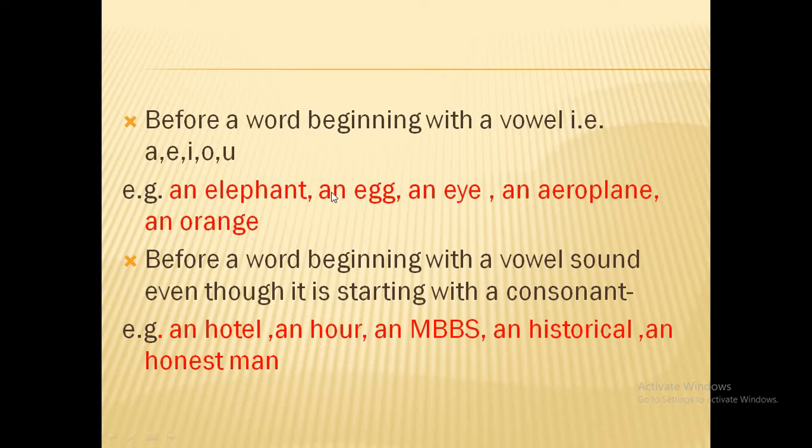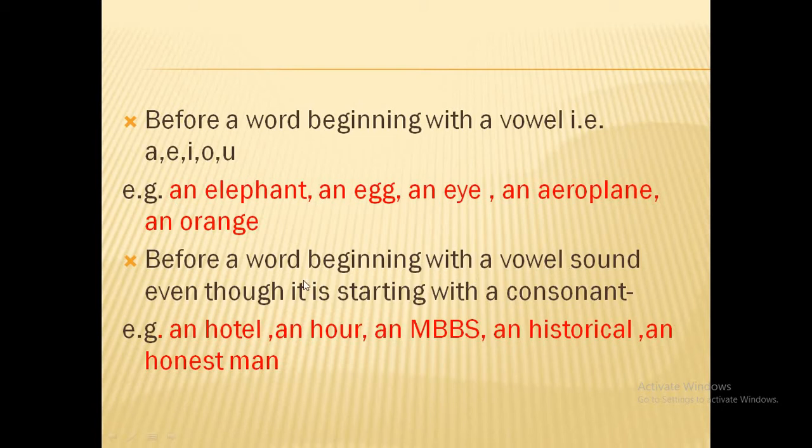So, an elephant. An egg, e sound again. An eye. An aeroplane, e sound. An orange, o sound. So, whenever these alphabets are pronounced with a vowel sound, we are going to put an before them.